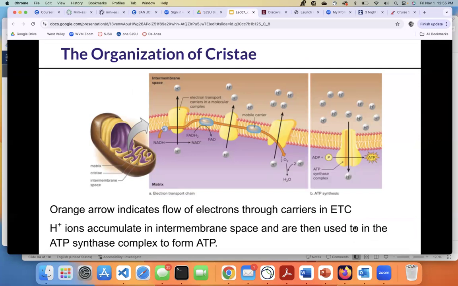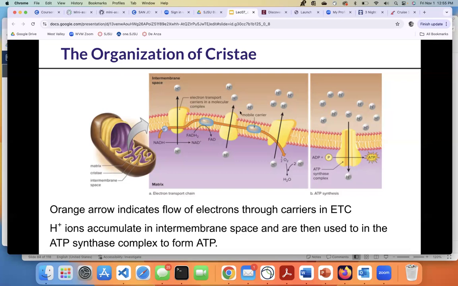Okay, so organization of the cristae. You can kind of see in this picture, the matrix is kind of the inside. The crista is this inner folding membrane right here. That's where I told you the electron transfer chain is located. This inner membrane has these proteins.